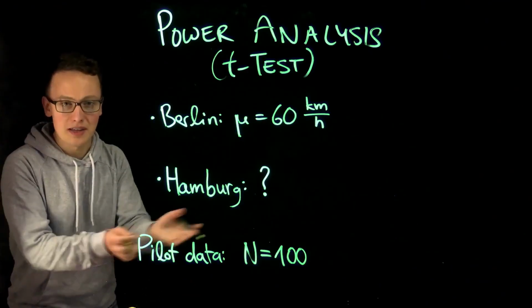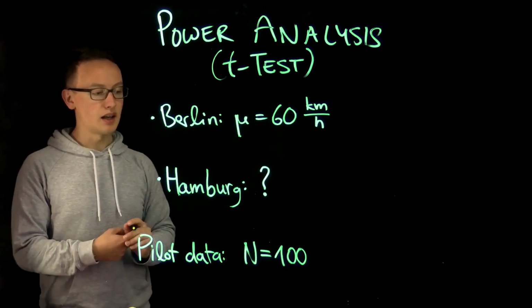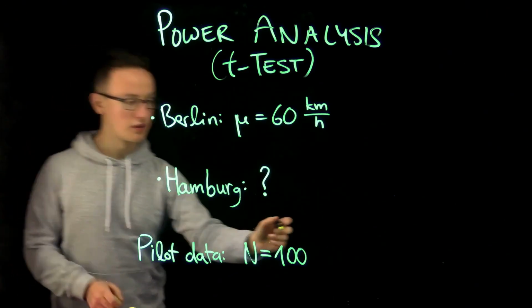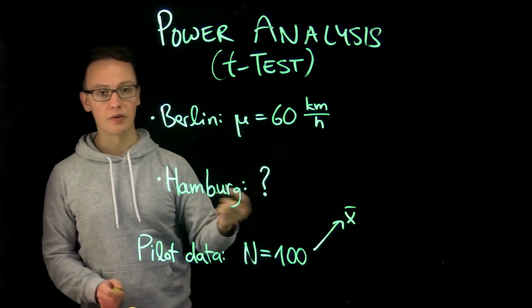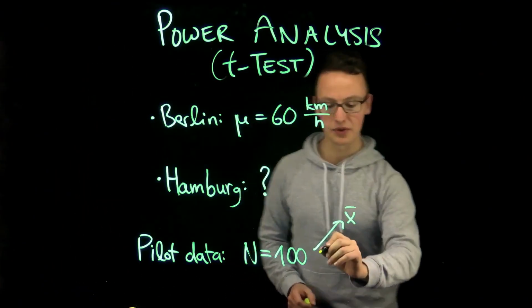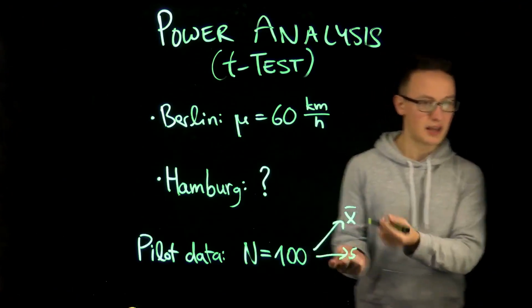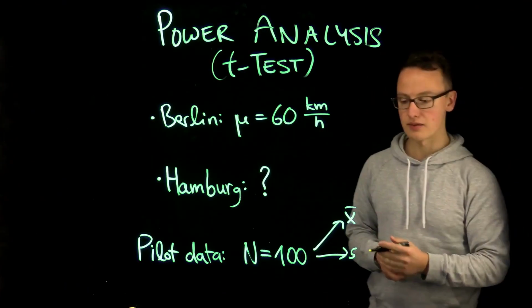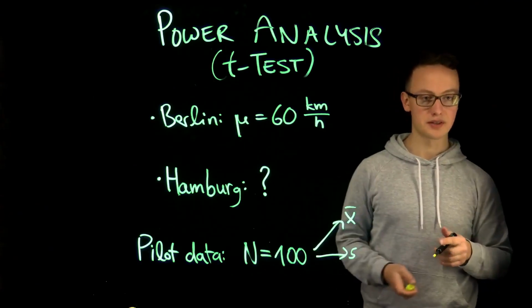So we've already collected a sample of 100 cars entering Hamburg, and we can compute the sample mean of this sample. We can compute the sample standard deviation, which is an estimate for the population standard deviation, and we obviously also have the information how big our sample is.